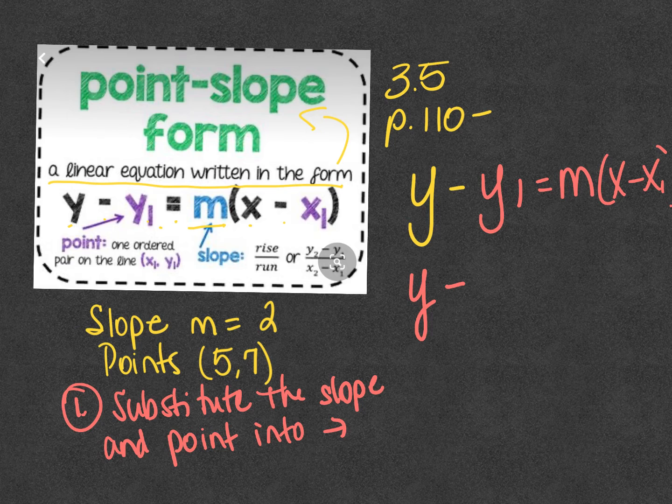Let me back up here and just let you know that this is x1, y1, okay? So it is y minus y1, which is 7, equals your slope, which is 2, times x minus your x1, which is 5. Now, take a look at that and take that in for just a moment.